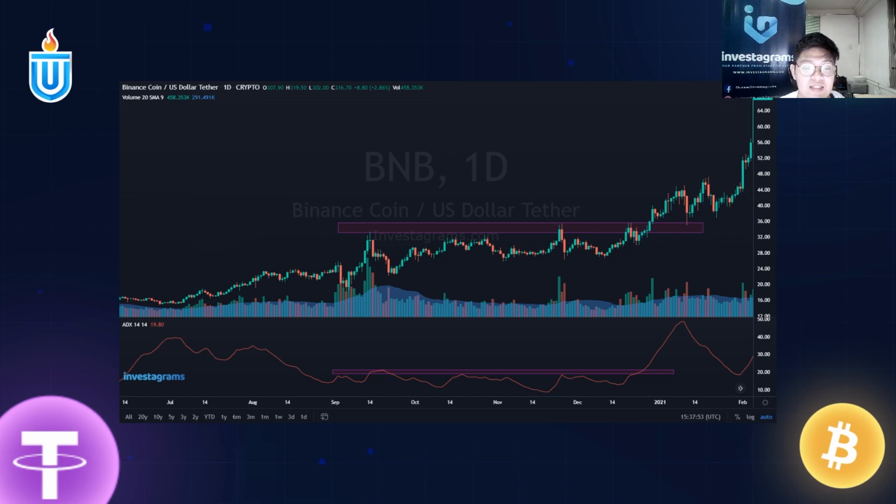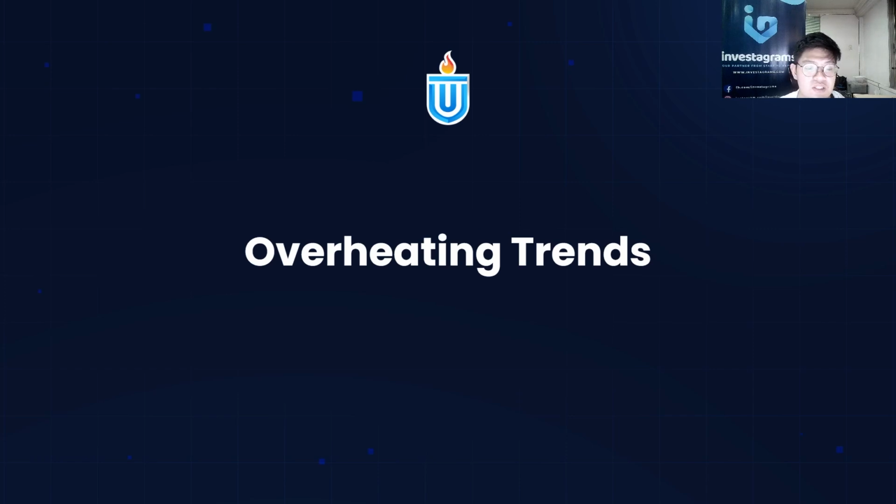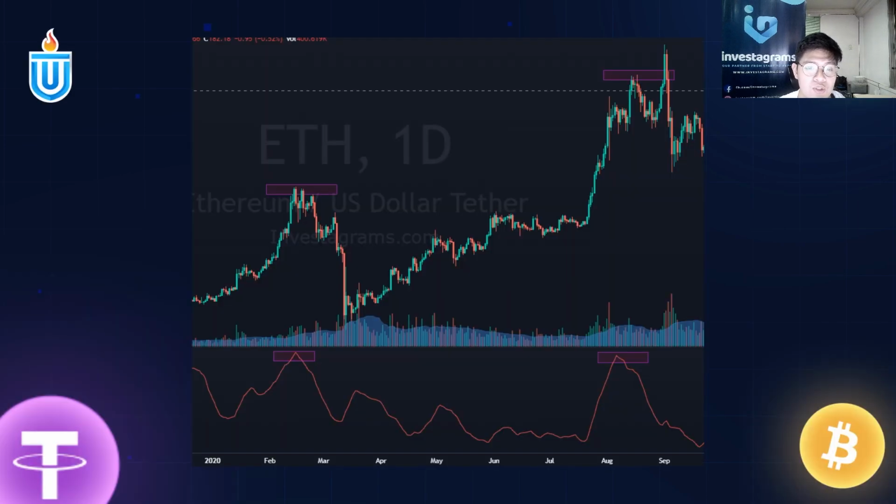So the other use case for the ADX is sometimes traders use it to gauge if a trend is overheating. So this one isn't a textbook use case, but it's possible to implement this as a tool to help you gauge if you might be buying near the tops already. So let's say trend follower ka who buys additional tranches on the way up.